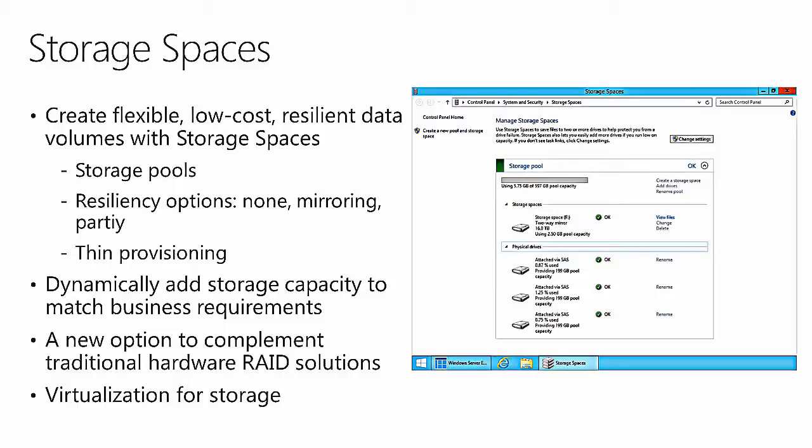So you're physically backed by just the capacity of the drives, but you create a virtual disk that seems much larger, and this is thin provisioning.